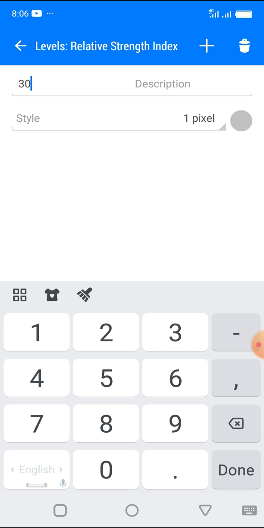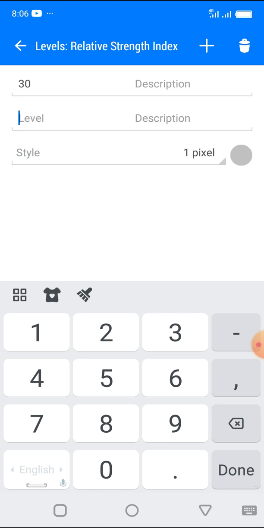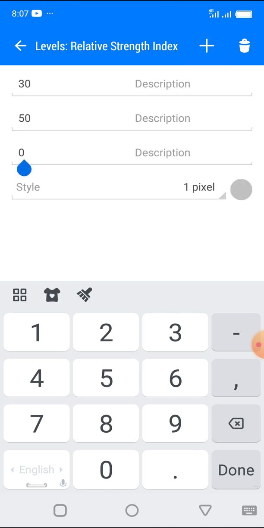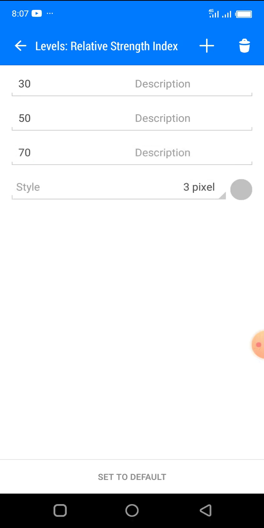You add another one by clicking on the plus sign here. 50. Then you add another again. 70. And after that, I'll prefer pixel 3. Then I click on done here.